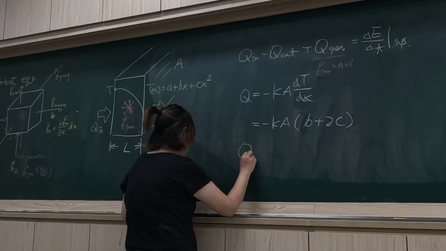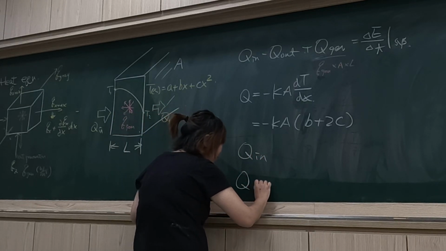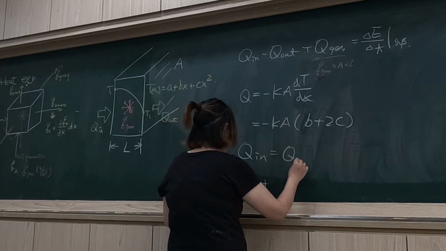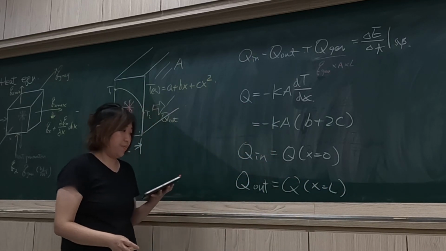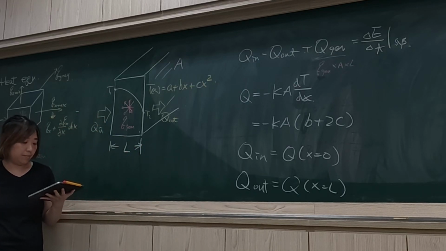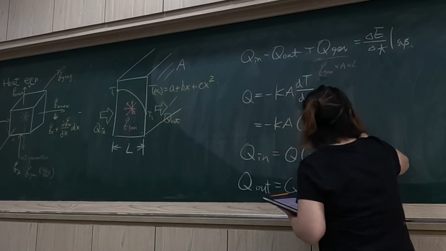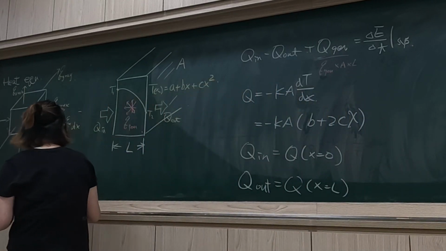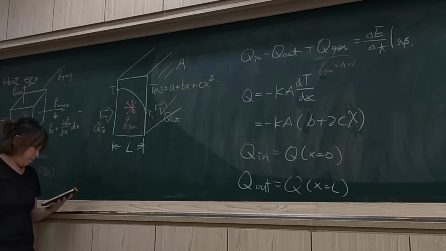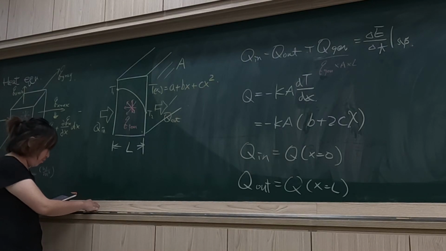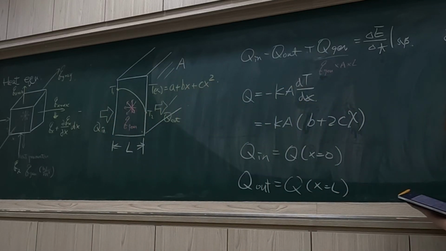So if we want to know Q in and Q out, there will be Q at x equals 0 and Q at x equals L. Just plug in directly. Oh, sorry, the pen option disappeared.